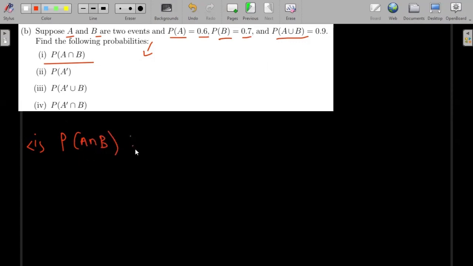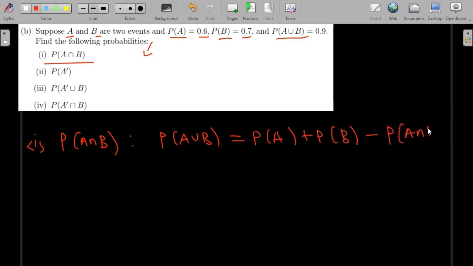Okay, so we use the addition rule. We know that the probability of A union B is the same as the probability of A plus the probability of B, minus the probability of A intersection B. From the data we've been given, the probability of B is given, and the probability of A union B is also given.